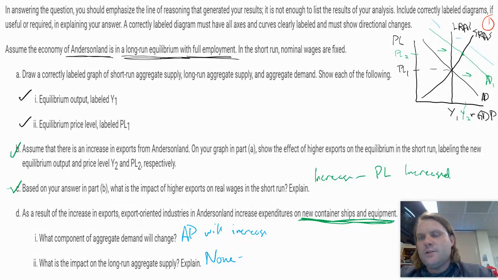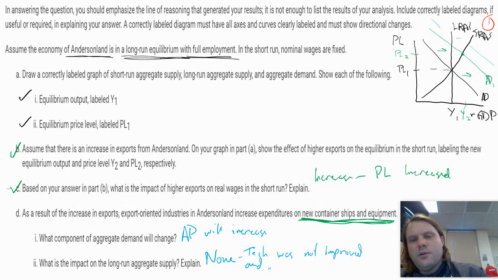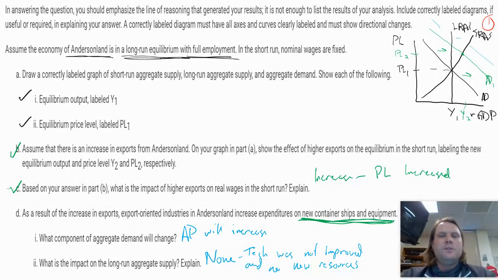Our long run aggregate supply is not going to change. Okay. So I'm just going to add that in there. Tech was not improved and no new resources. All right. So that's your answer for number 2.